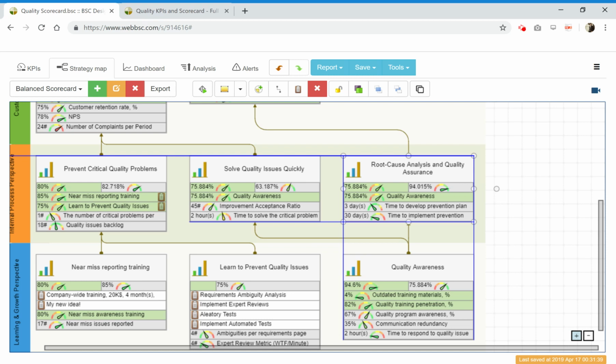For all quality issues that we face, if you're doing software, you have some bug tracker. We'll look at two indicators. The first indicator is time to develop prevention plan, and it should be fast. We should develop a prevention plan within 3 or 4 days.